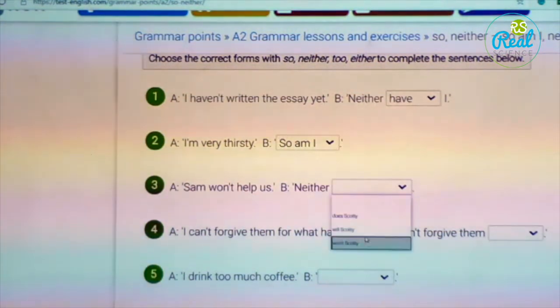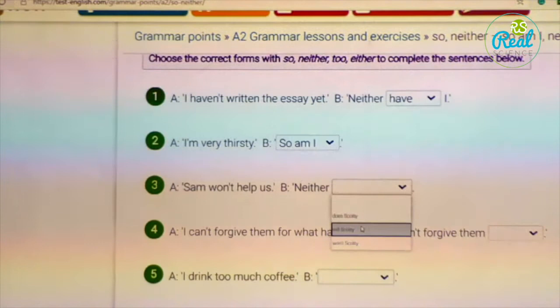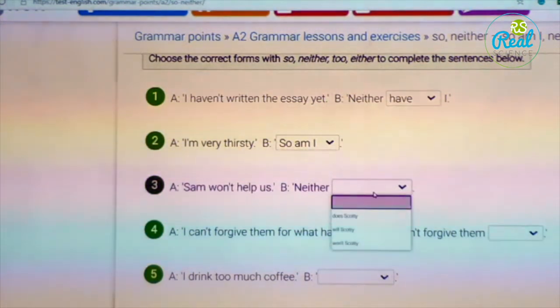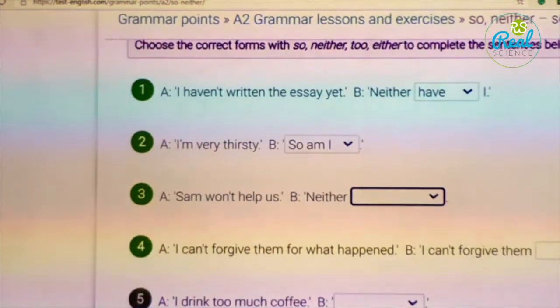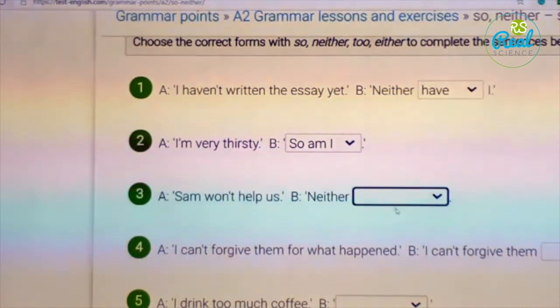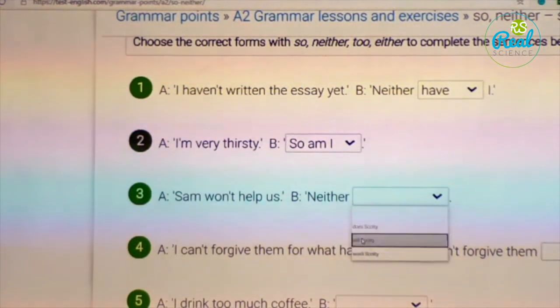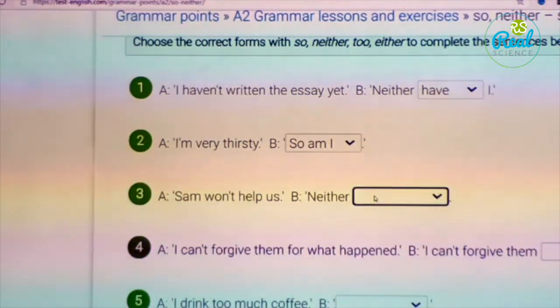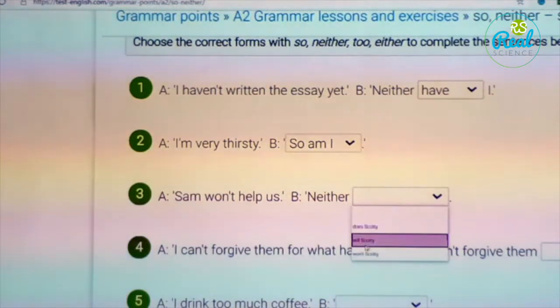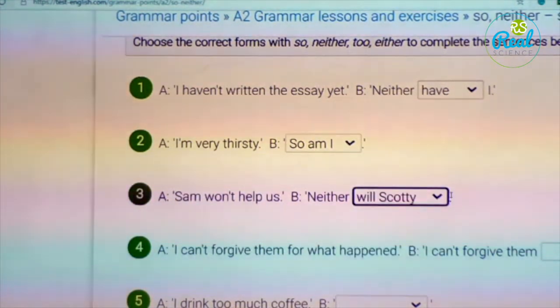Are the options visible for you, guys? This option? No. Okay, we'll just say it like this. What about now? Okay, that is fine. Do it by yourself. Someone help us. Neither will. Here we have the name actually.